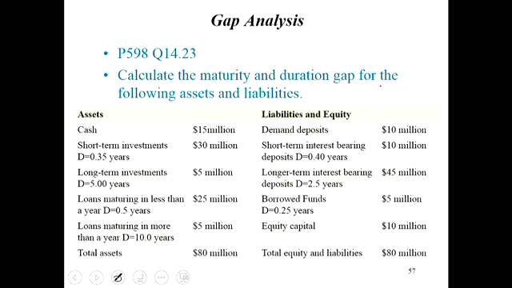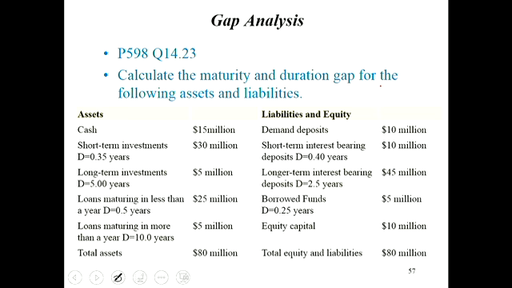So the cash, 0 times the 15 million is equal to 0. Okay, what about the duration of the short-term investments here, 30 million of them at 0.35 years? Yeah, you multiply the 0.35 by the 30 million, and that ends up at 10.5.